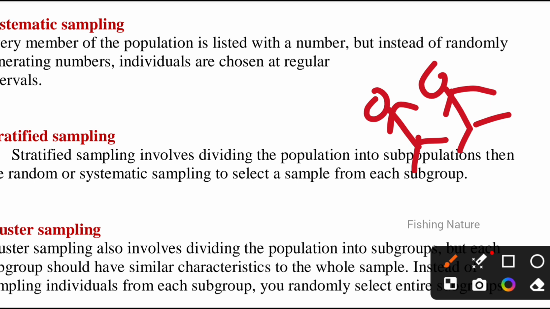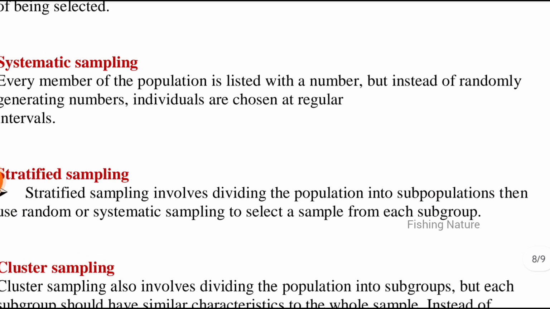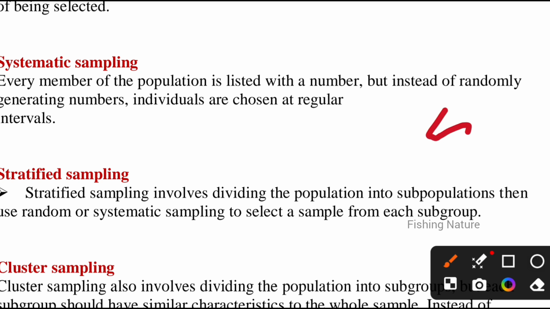Next, stratified sampling involves dividing the population into subpopulations. If you have 10 members, you can divide them into two groups, 5 in one group and 5 in the other. Like this you can divide the subpopulations and then calculate. If you have many members in a community, you can use stratified sampling.